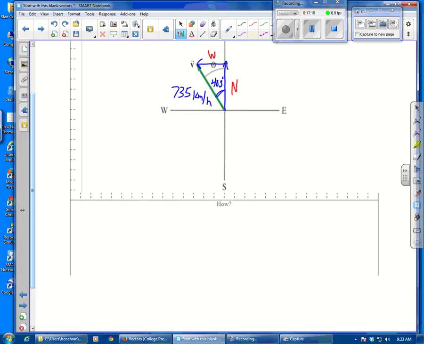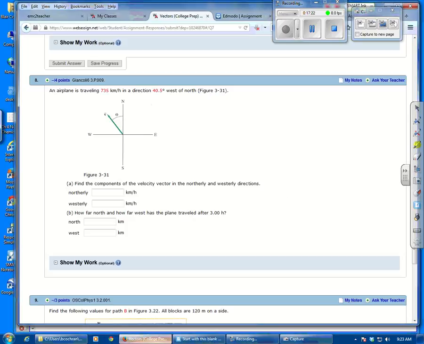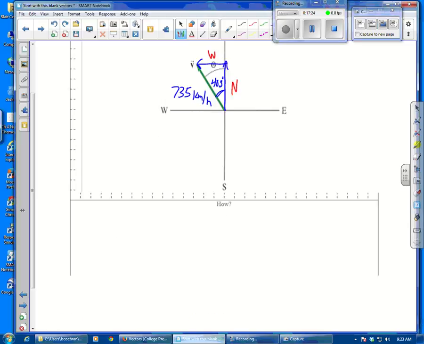Which one do you want to find first? North is that, and they asked me for northerly first. That's a good plan. So I'm looking for N. N is next to, or adjacent to, the angle. So I know adjacent is cosine, right? So cosine of theta is adjacent over hypotenuse.